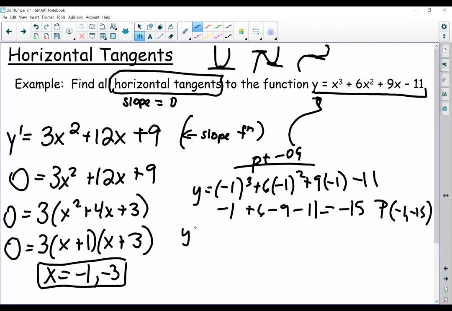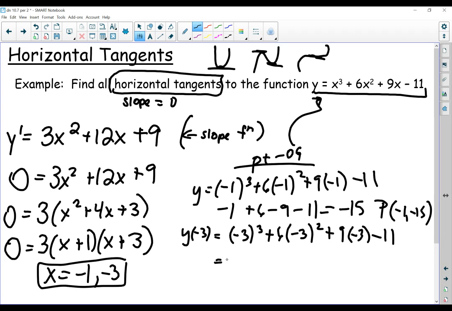If I did that at -3, that's going to give me -27 plus 54 minus 27. Oop, that makes 0 minus 11. So that point would be -3, -11.